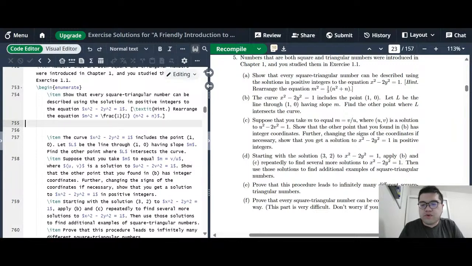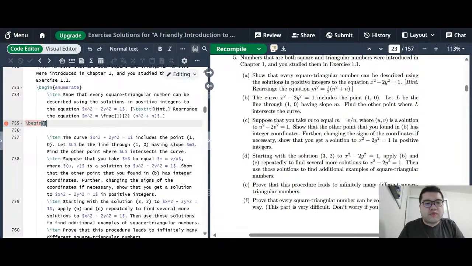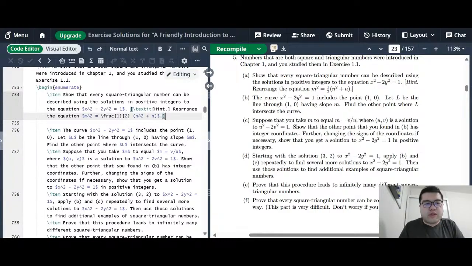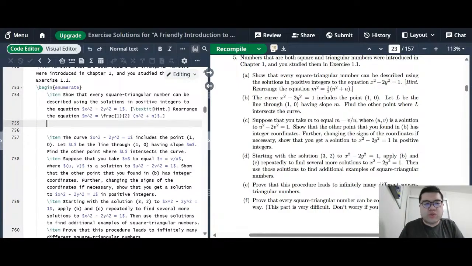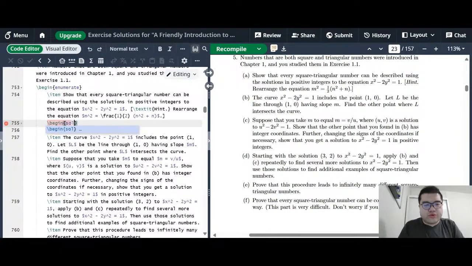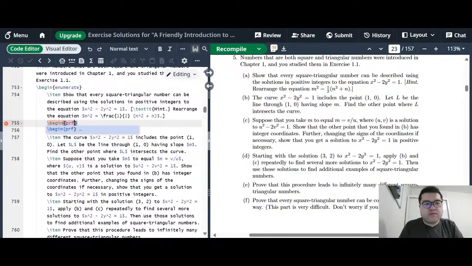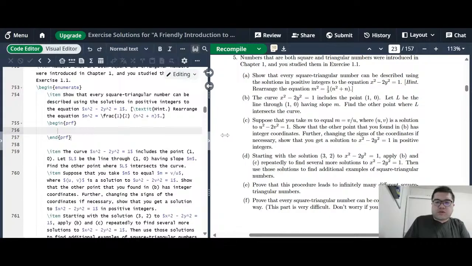So how do we do it? Well, we're going to do some scratch work here, of course. We're trying to get some scratch work, just like how we usually write a proof.